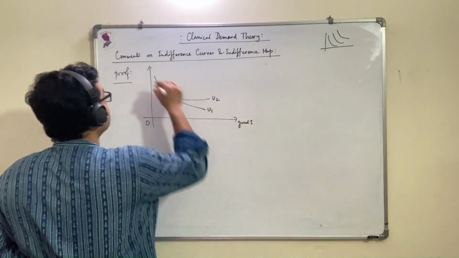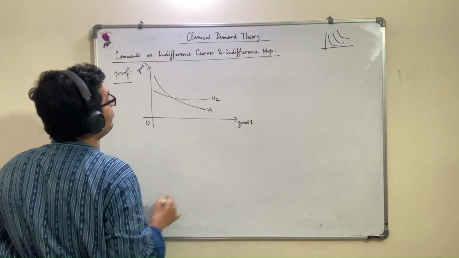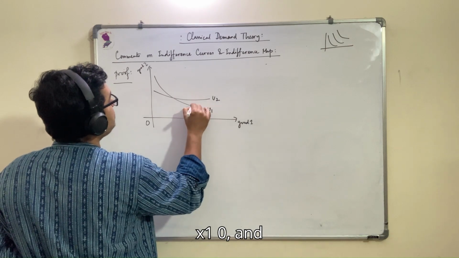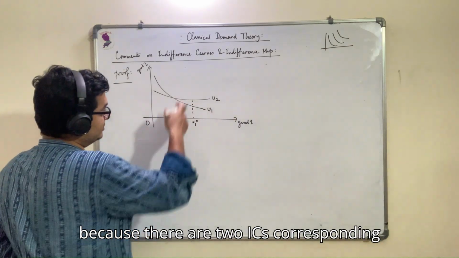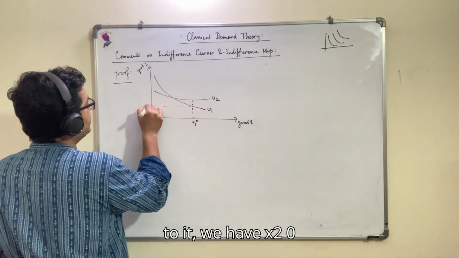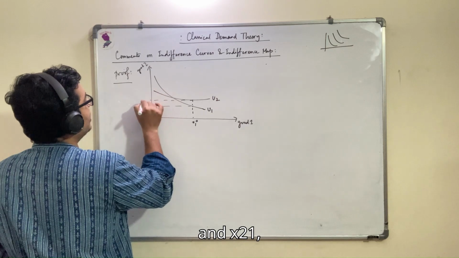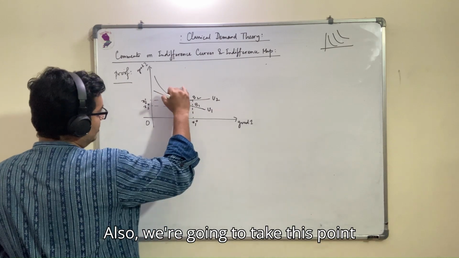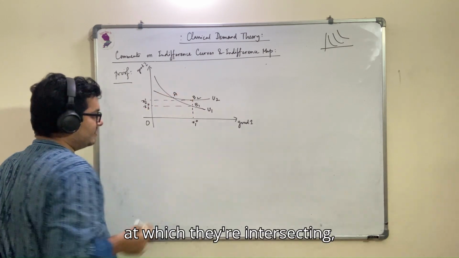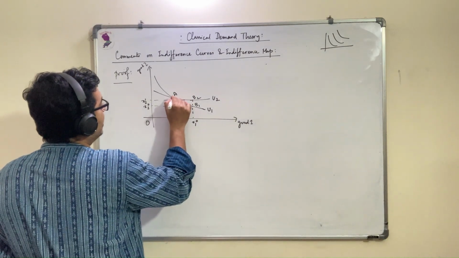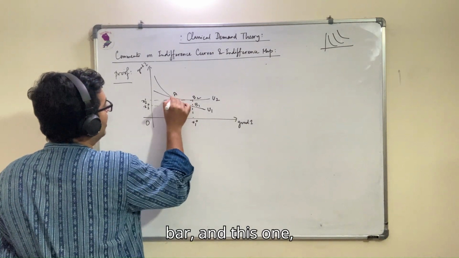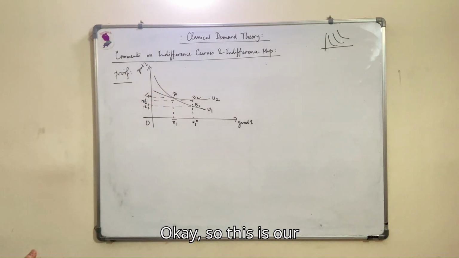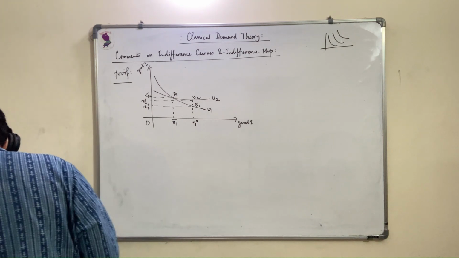Good 1, good 2. So we're going to choose 1 x1 naught, and because there are 2 ICs corresponding to it, we have x2 naught and x21. Let's say B1 and B2. Also, we are going to take this point at which they are intersecting, and let's say this is x1 bar and this one is x2 bar. Okay, so this is our construction.